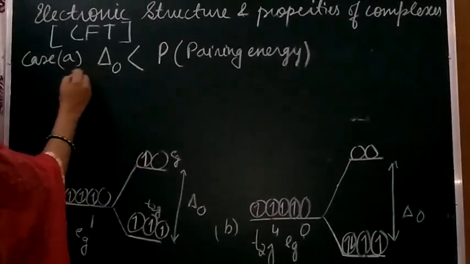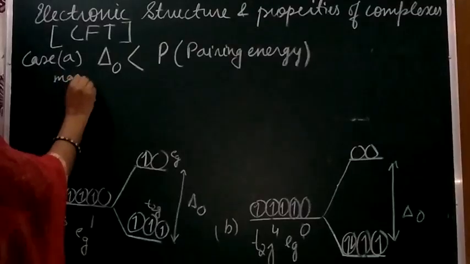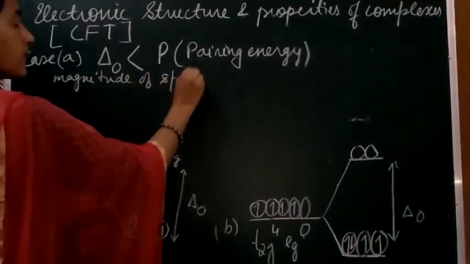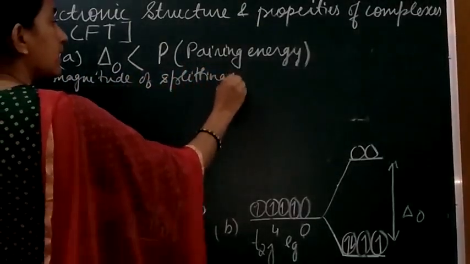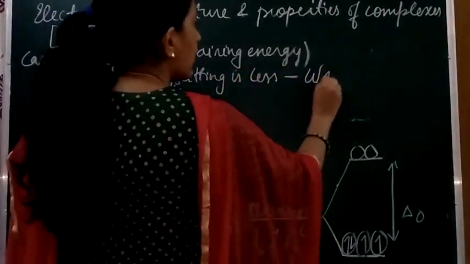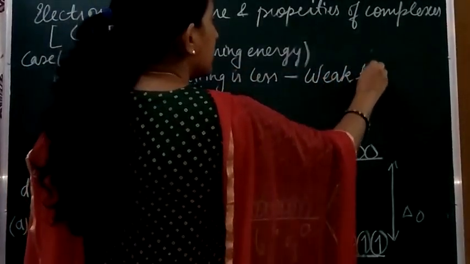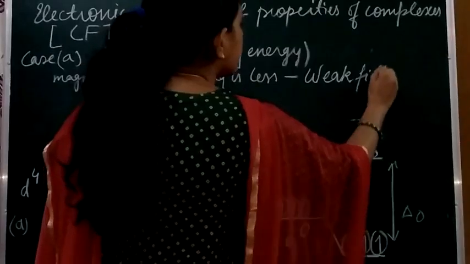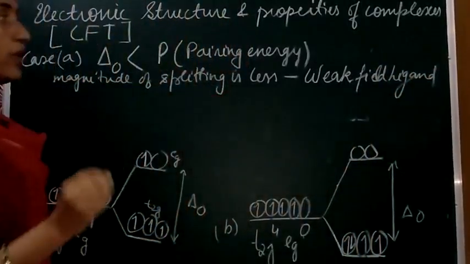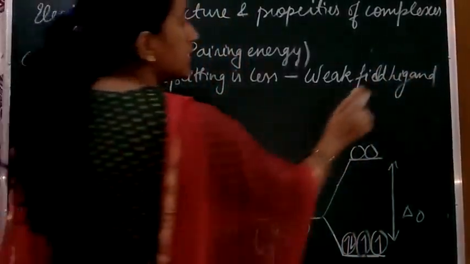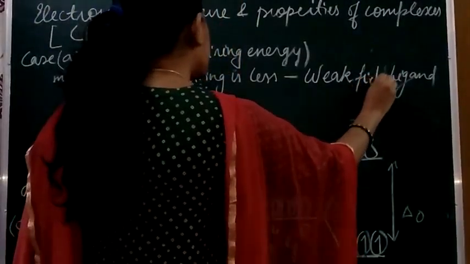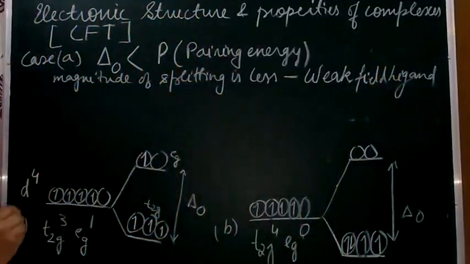So here the magnitude of splitting is less, and that is the characteristic of a weak field ligand. So weak field ligands cause a less magnitude of crystal field splitting, right?